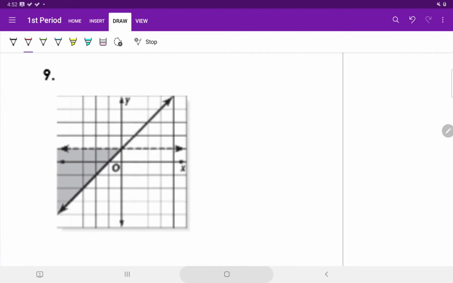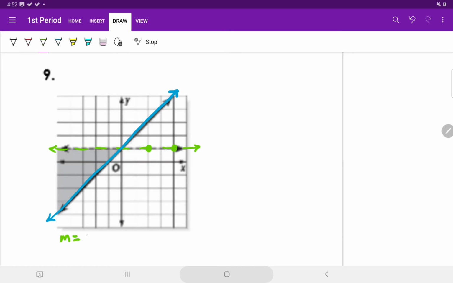Question number 9. Attempt this one on your own. For number 9, we are going to start with the green line. Here, if we pick any 2 points, let's say these 2 points, and try to find our slope, our rise is 0.